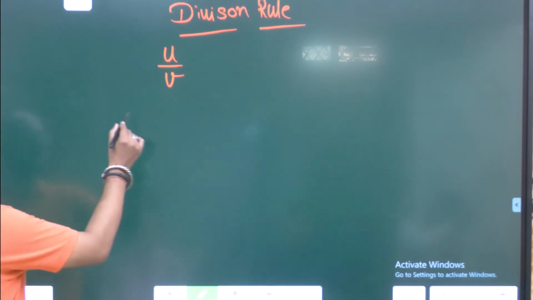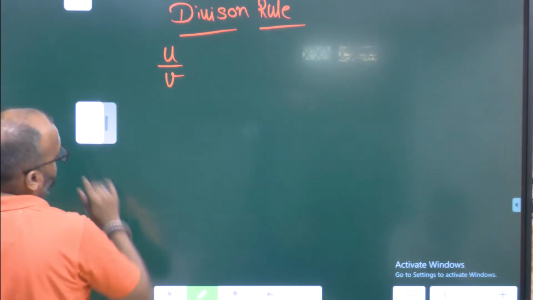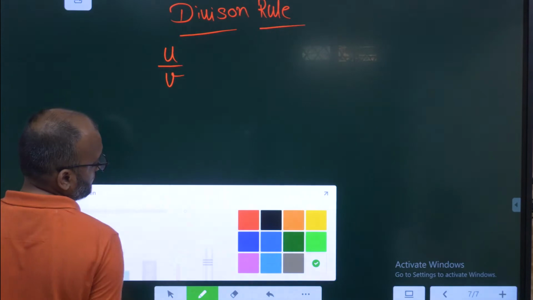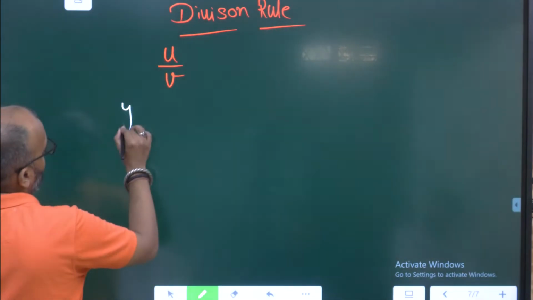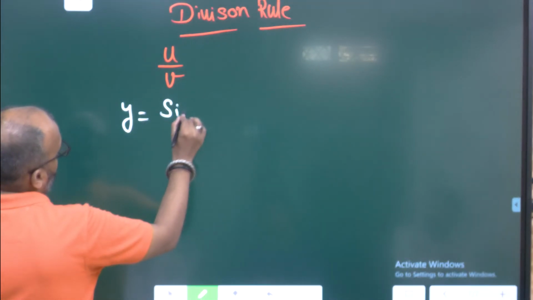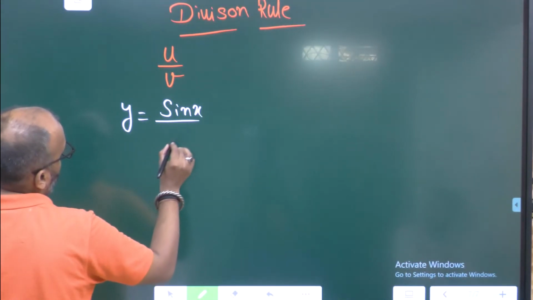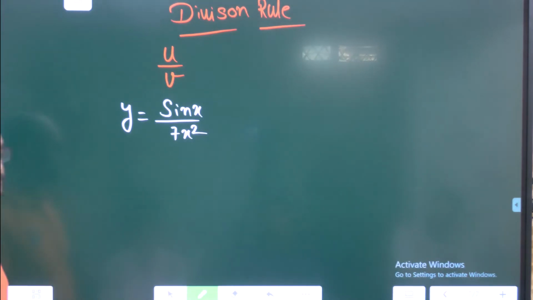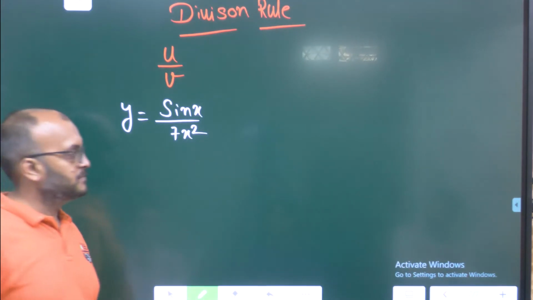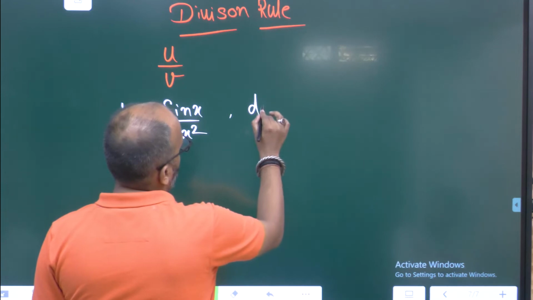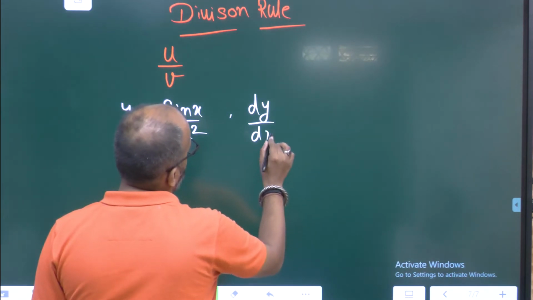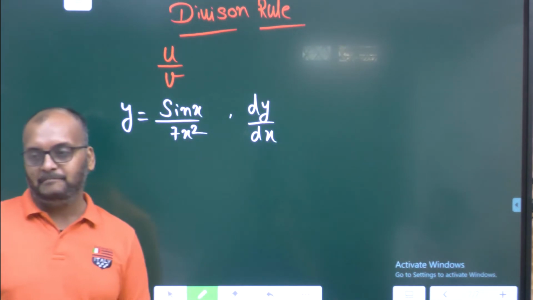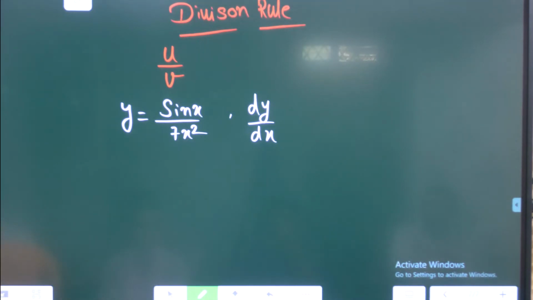For example, y is equal to sin x upon 7x square, and you need to find dy upon dx. Yeah, anyone? Let me see who can solve.